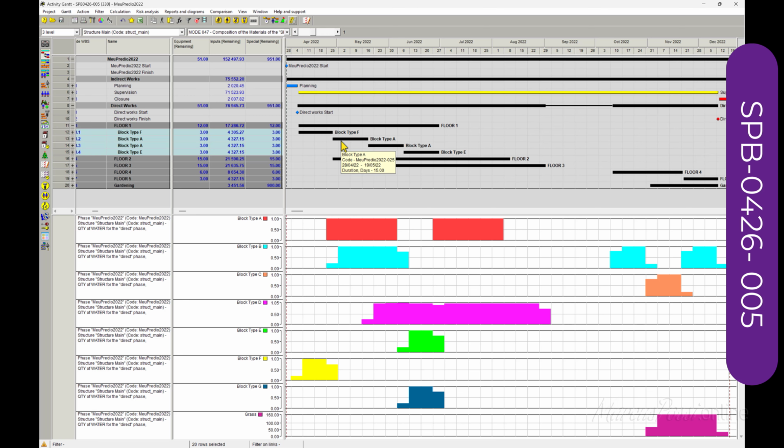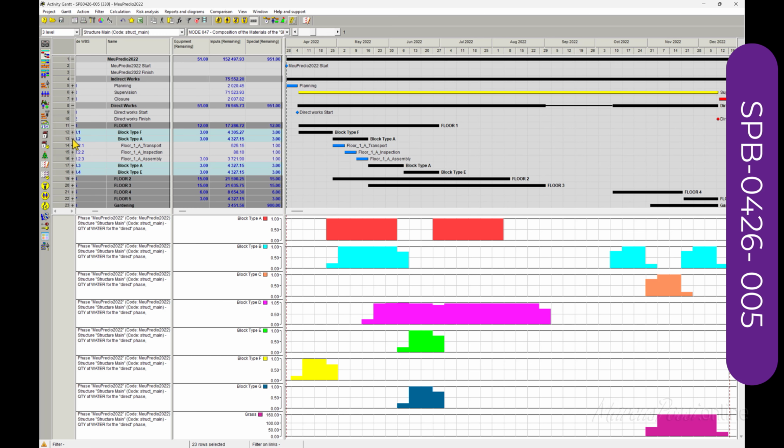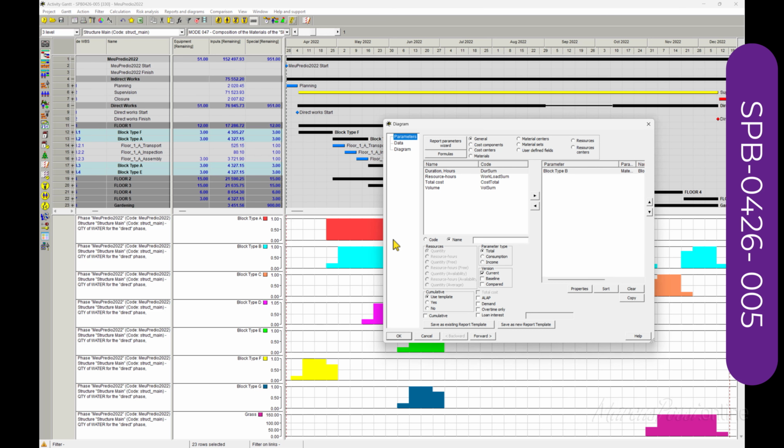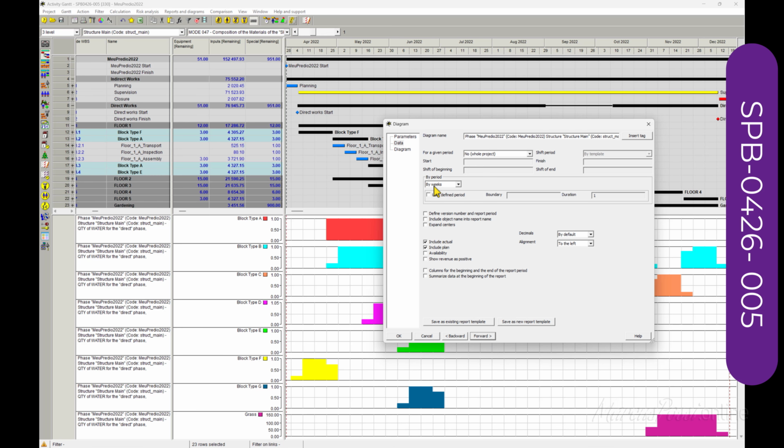Here. Block A, block none. So this graph showed us where we are using block A. Here is by weeks.